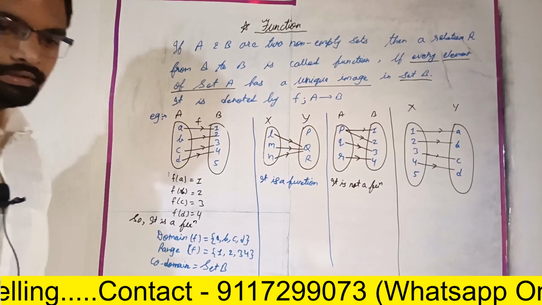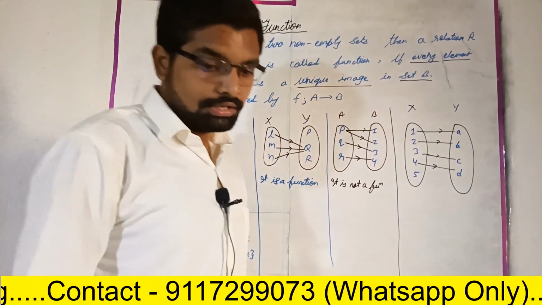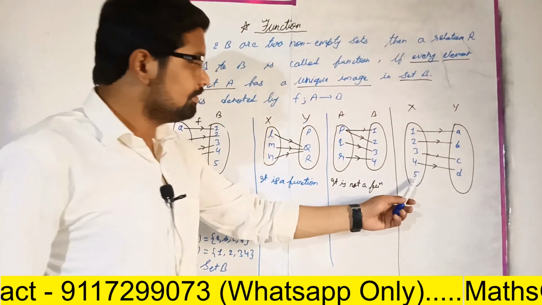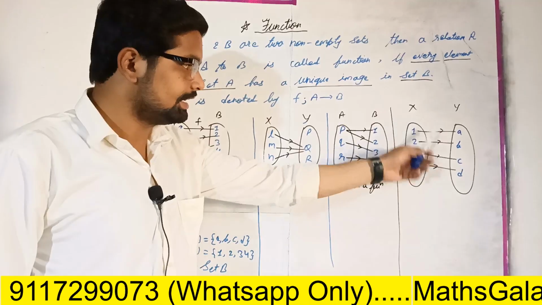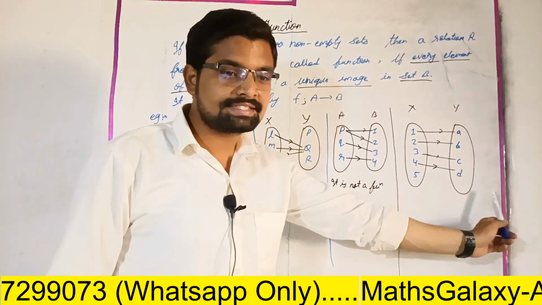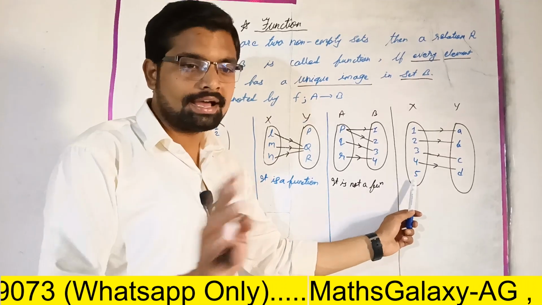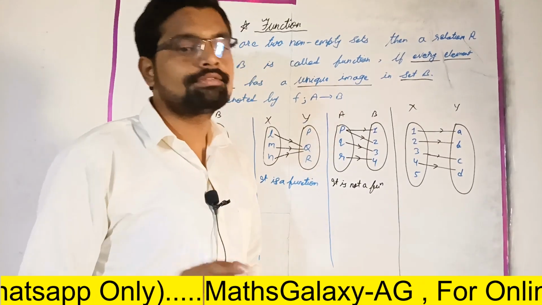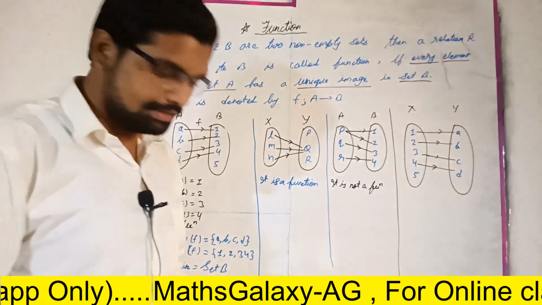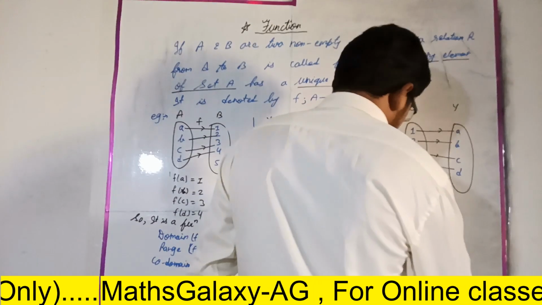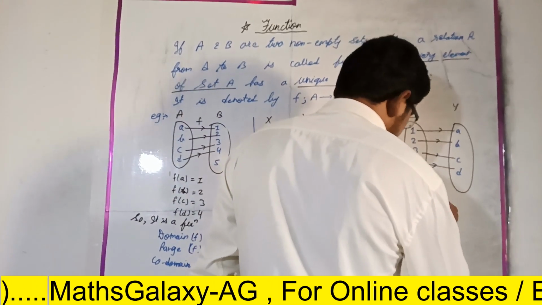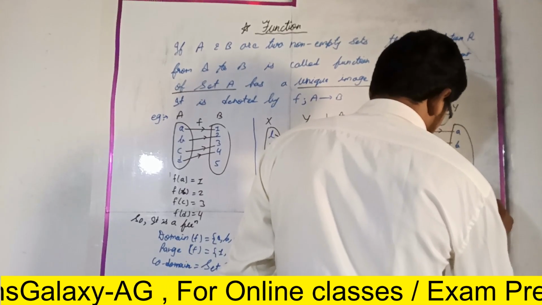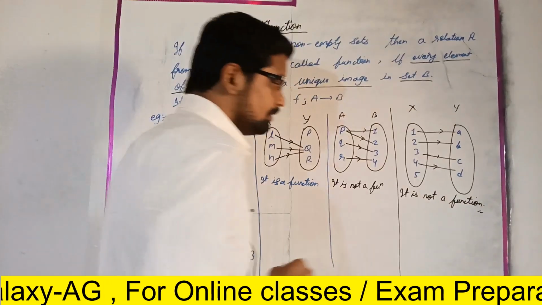It will not be a function. Every element of set A must have a unique image in set B. Here 5 has no image, so it will not be a function. Is it clear?